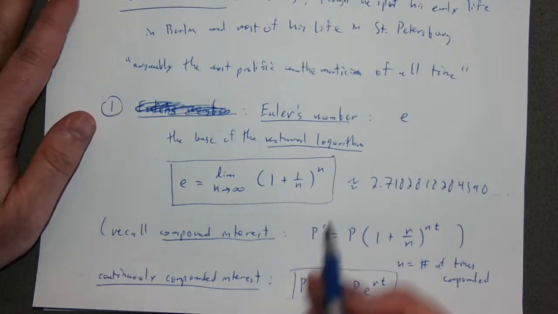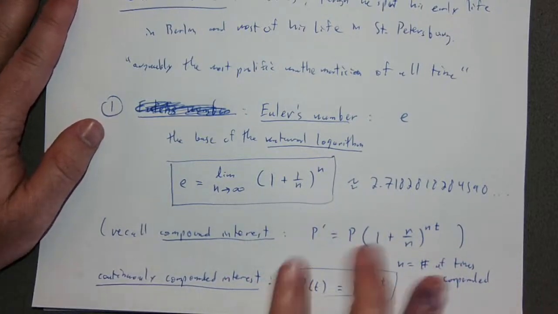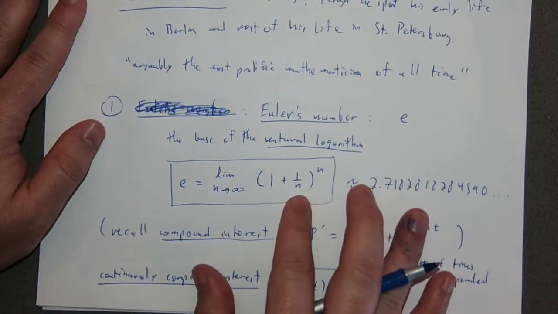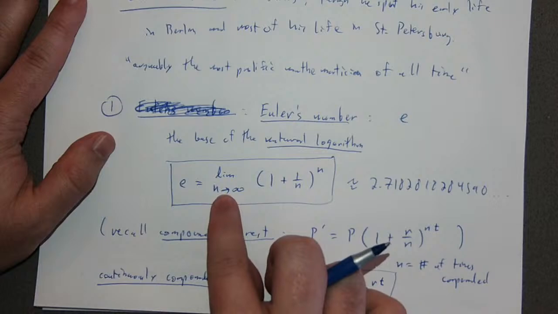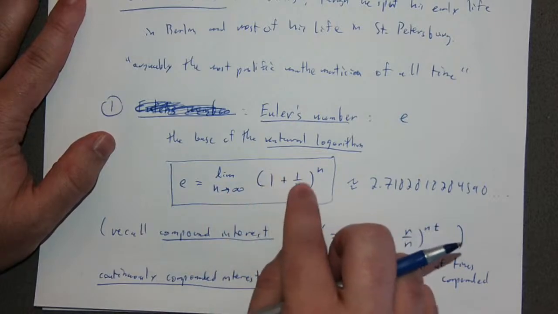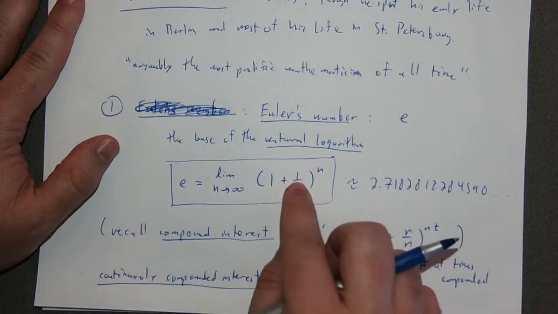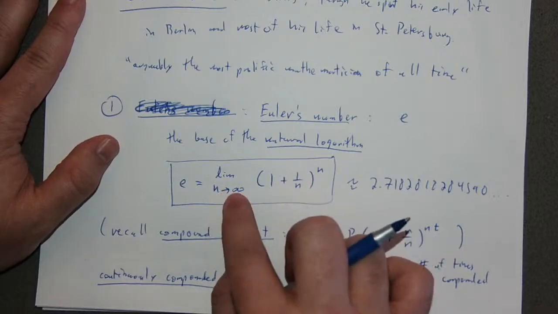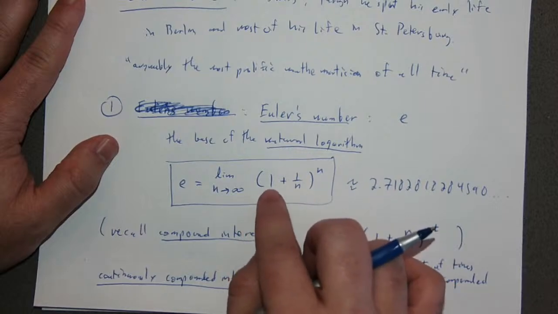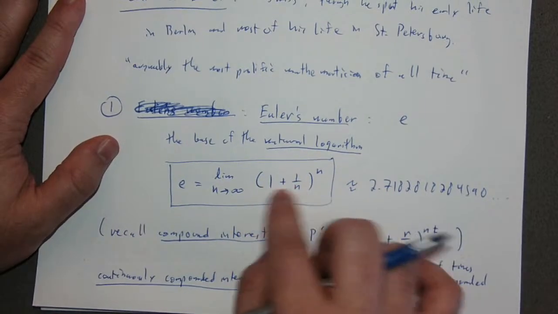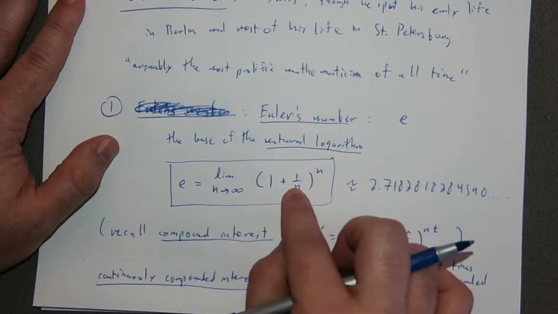The reason why is that you would be very tempted to look at this expression, and if you're trying to reason through what it should be, you would say, okay, as n is going to infinity, the quantity inside the parentheses should be getting very, very close to 1, because this is 1 plus 1 over n. If n is very huge, then 1 plus 1 over a very huge number is basically 1 plus 0. So the quantity inside the parentheses is getting very close to 1.